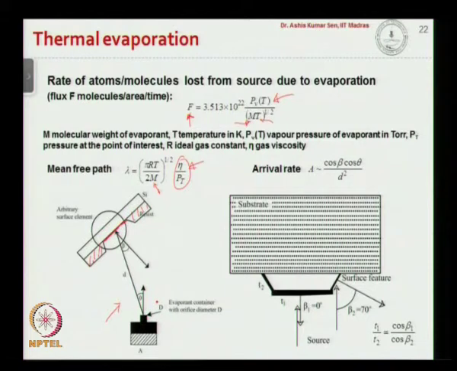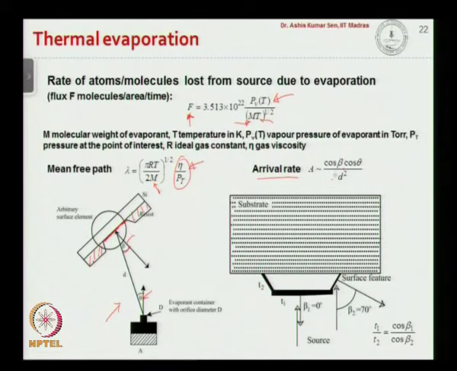Now how do we determine the arrival rate of the evaporated metal coming out of the source and reaching here? The arrival rate will depend on the angles: the angle between the vertical and the line connecting the source and the substrate, so it depends on cos theta, and also on the angle between the connecting line and the normal to the wafer, beta, cos beta.